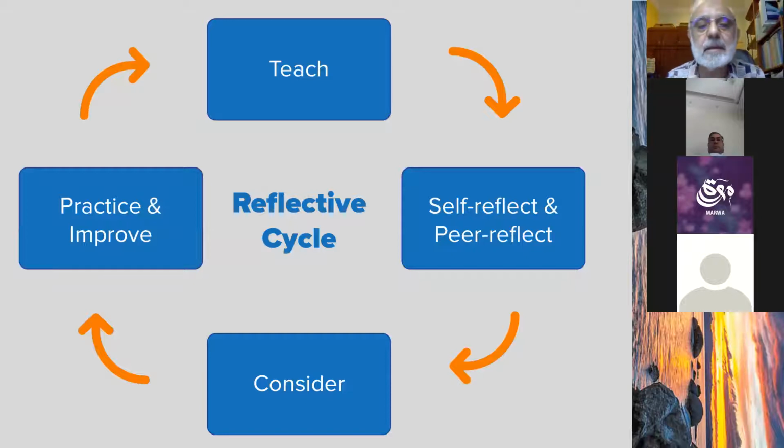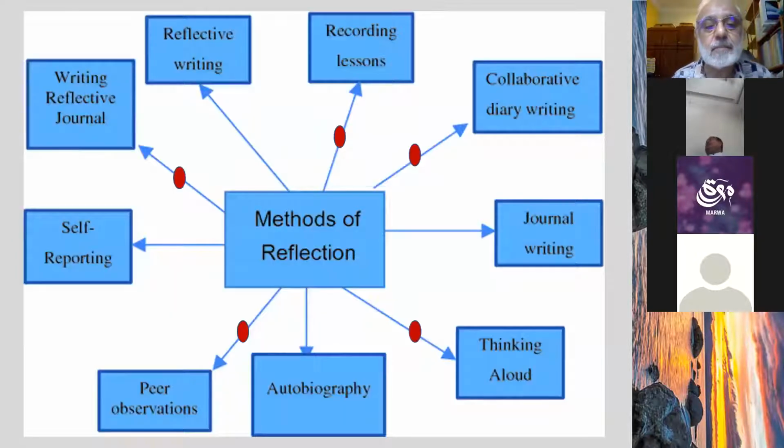Here is another example: conducting a teaching session, then reflecting, self-reflecting or peer reflecting, getting feedback from the peers about that session, and then looking at the shortcomings, improving, and applying new techniques to improve the teaching session.